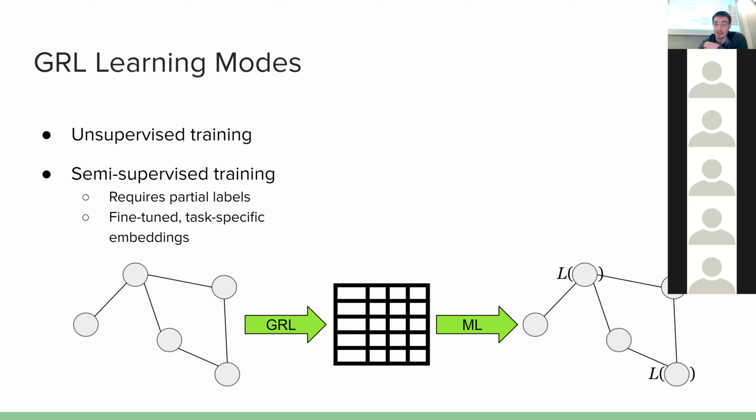So you must know some of the labels that you want to predict, or some of the behaviors that you want to predict, in order to be able to teach the graph representation learning system to optimize for that. So you can say, no, these embeddings are not giving me good results. Please modify the embeddings so that I can get good results for those nodes or for those graphs that I have the correct answer for.